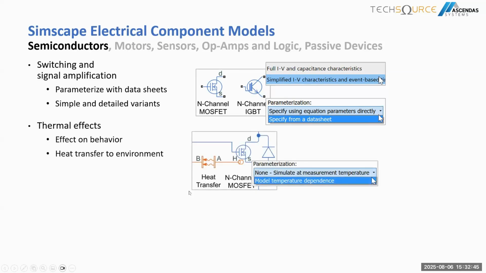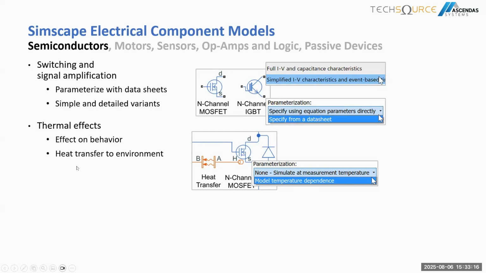What is really good is that you're not only modeling the actual component itself, but you are also including thermal effects, or heat transfer environments. For example, what I'm showing here is an N-channel MOSFET.